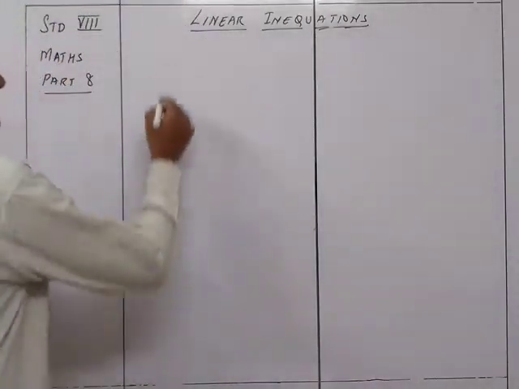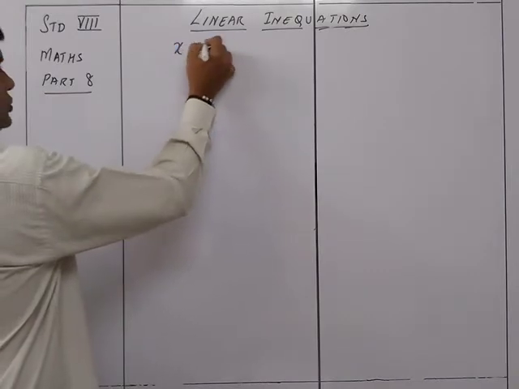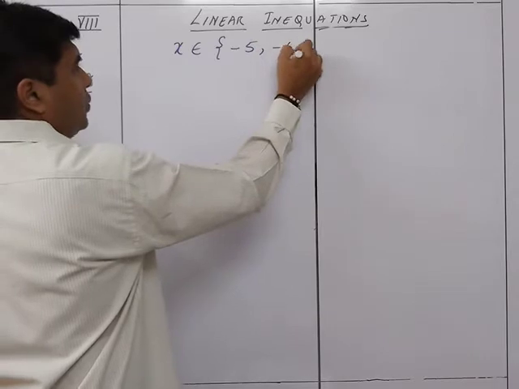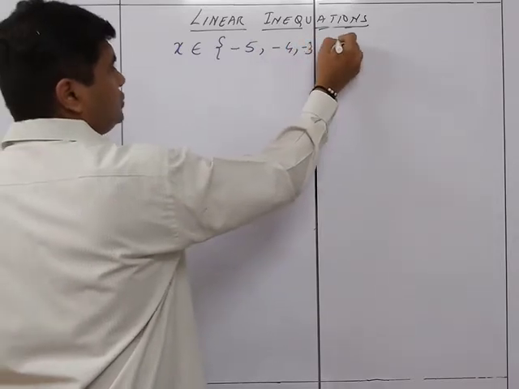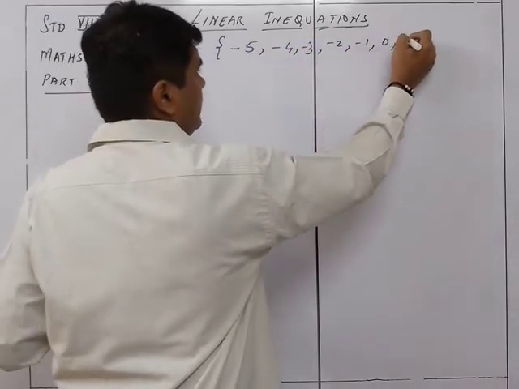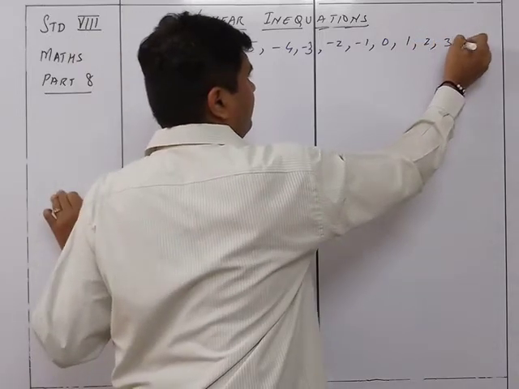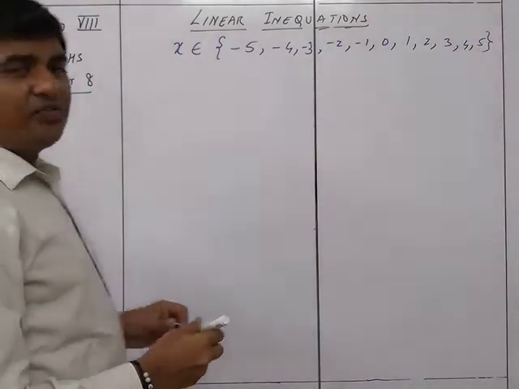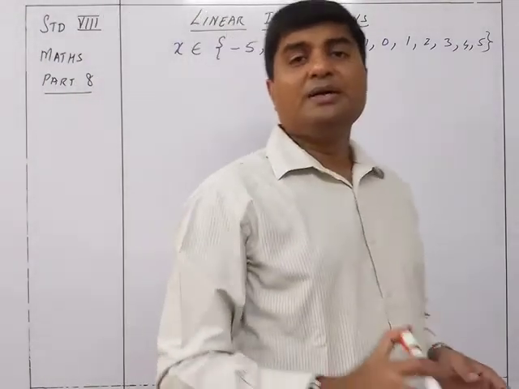Let's say x belongs to a set which starts from minus 5, minus 4, minus 3, minus 2, minus 1, 0, 1, 2, 3, 4 and 5. Suppose this is the universal set of x.